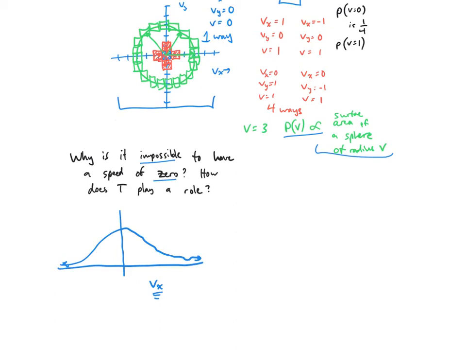So it's going to be very improbable to get high velocity particles, and that proportionally creates a lower speed distribution. So that's why if we have the speed distribution here and then the probability of that speed, it starts at 0 and then it goes up, but then tapers off and falls off just like that velocity bell curve. So that's the role that temperature plays.